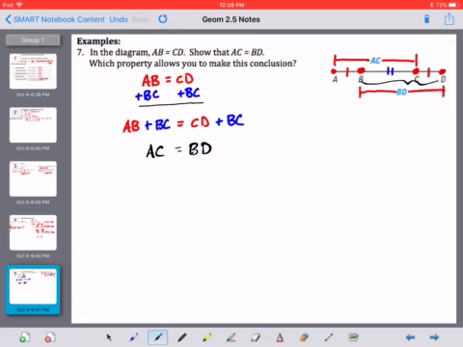All right, so that's why we can make that conclusion. What did we do in that very first step right here? What property allowed us to do that? Well, that's the addition property of equality. So these properties are going to be really helpful when we get into proof writing. Okay.